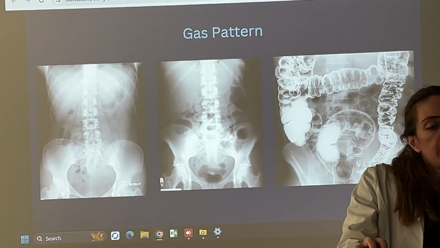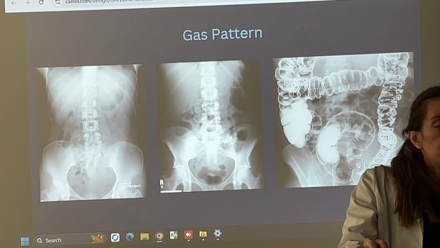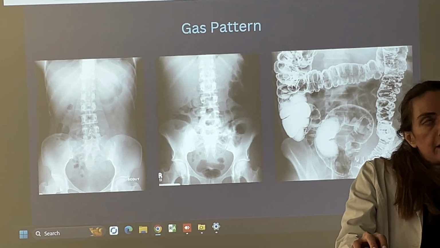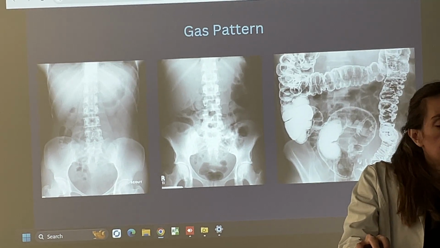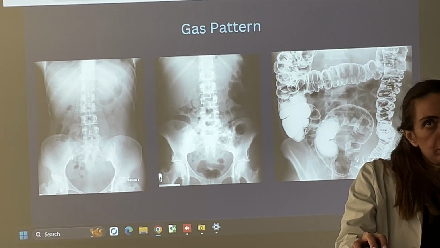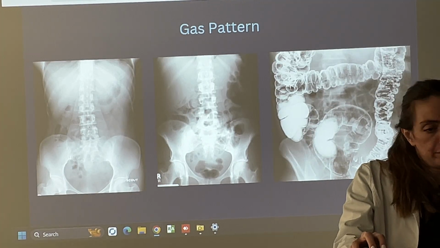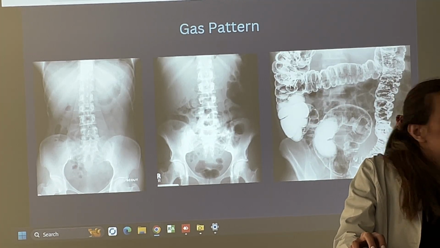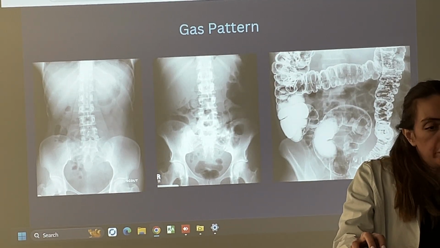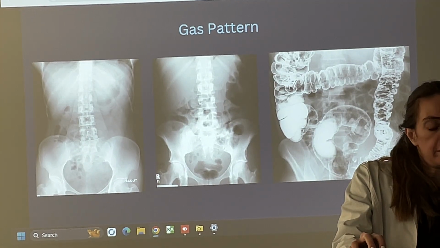So in the small bowel, there is usually a small amount of air in about 2 or 3 groups of non-dilated small bowel. The normal diameter of the small bowel is usually less than 2.5 centimeters, which is about 1 inch, but I don't think you use inches. In the large bowel, there is almost always air in the rectum or sigmoid colon, and there may be varying amounts of gas in the remainder of the colon.